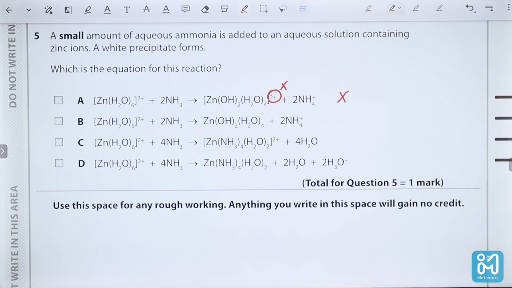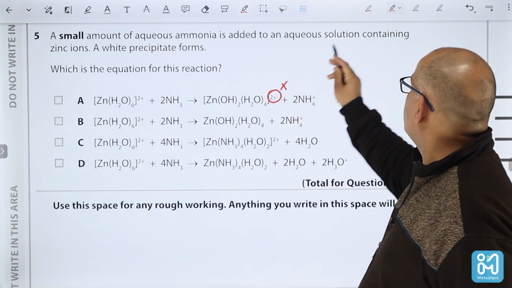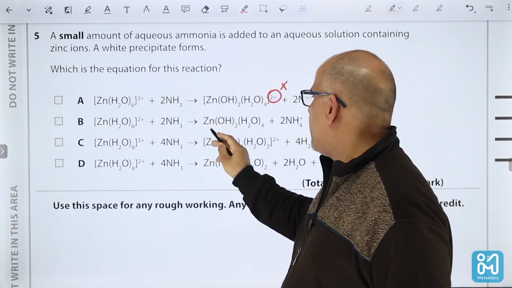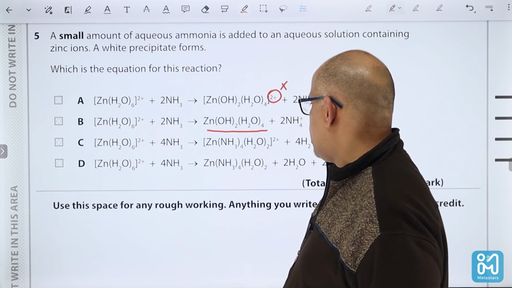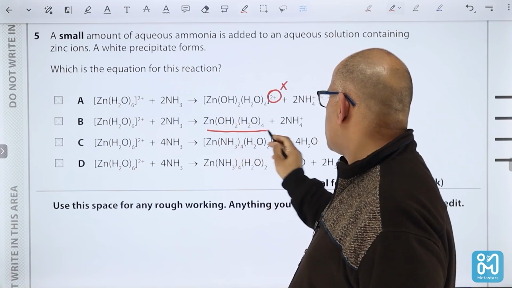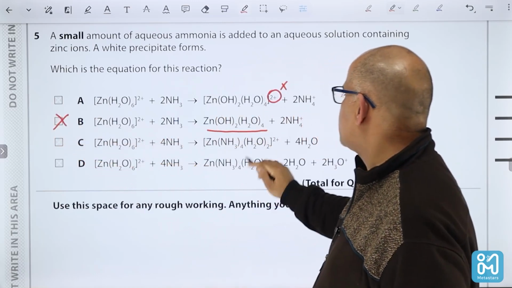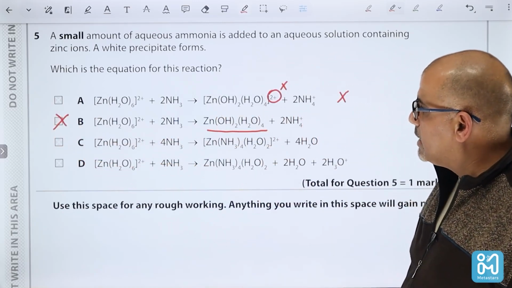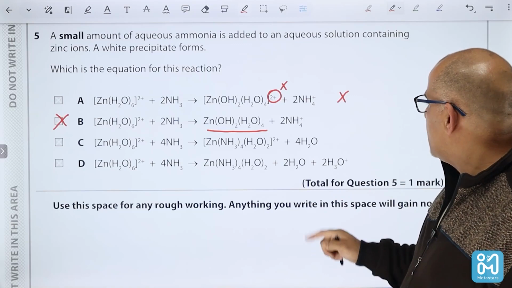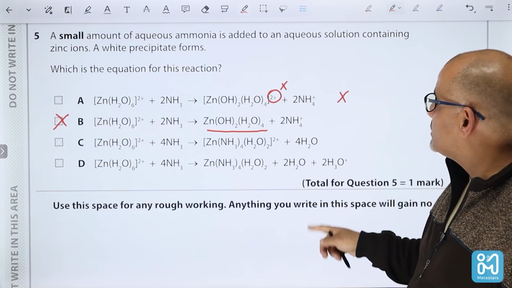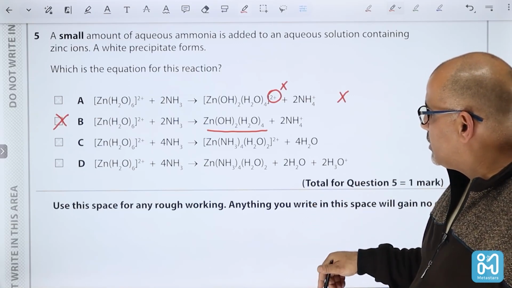For the second one, there is a formation of a precipitate and there is no ion and the total charge is 0. So this one is the correct one, but the others, there is a kind of ligand exchange and water is formed and there are soluble substances.